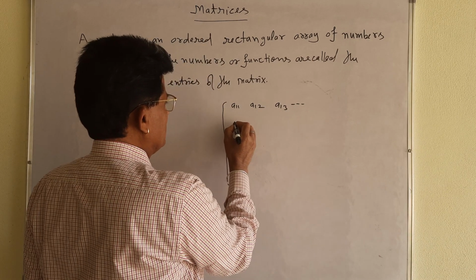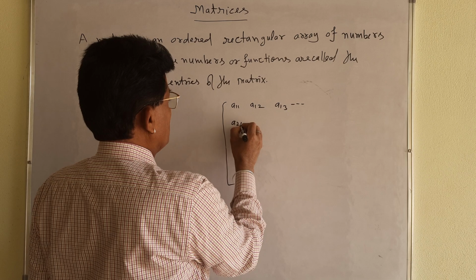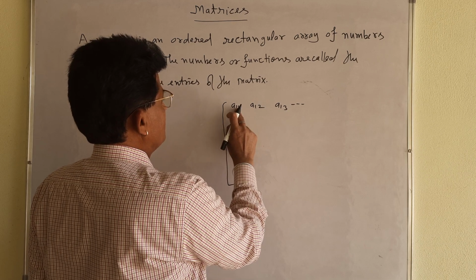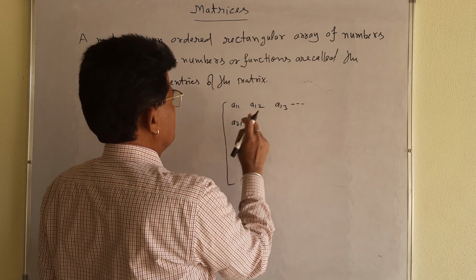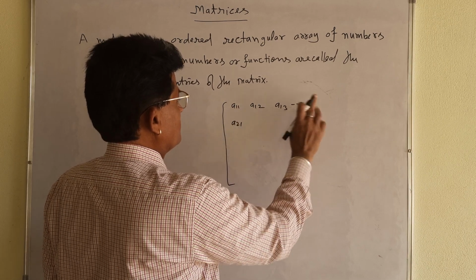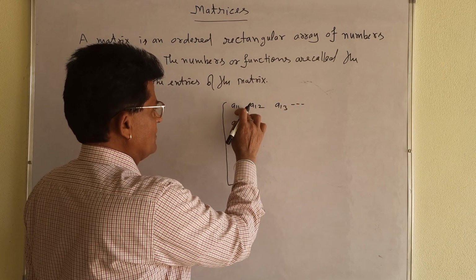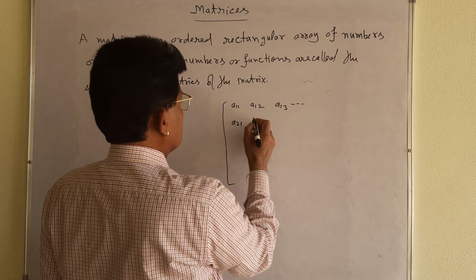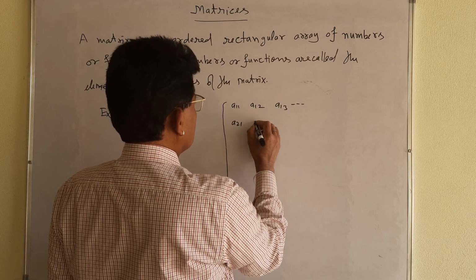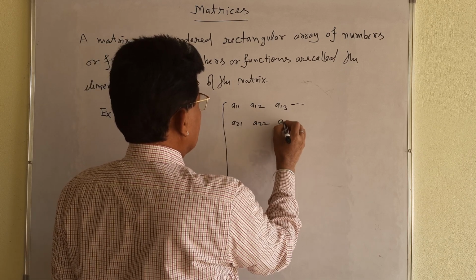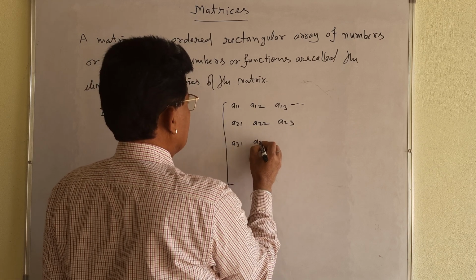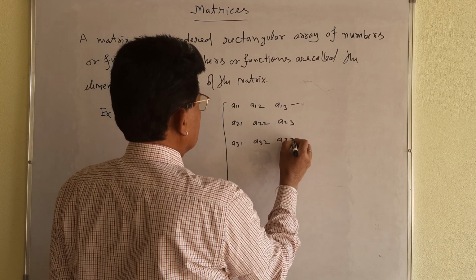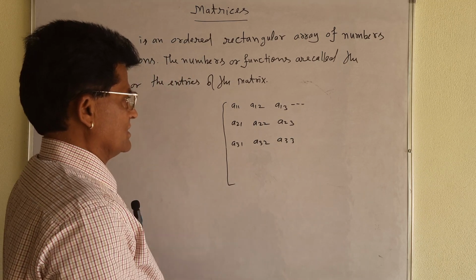Similarly, here you can take A21. You see, A11, A12, the second entry is increasing along the row, and along the column, the first entry is increasing. A21, A22, A23, like that. A31, A32, A33. See, my dear student, the example.